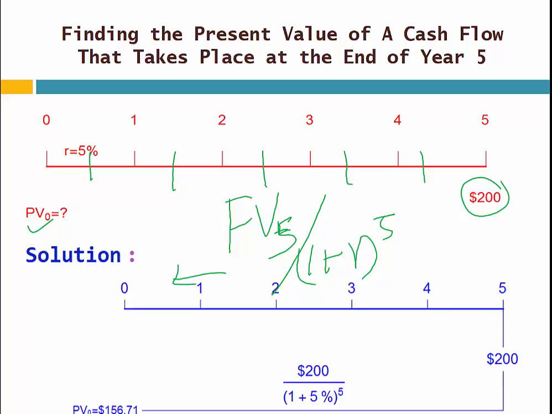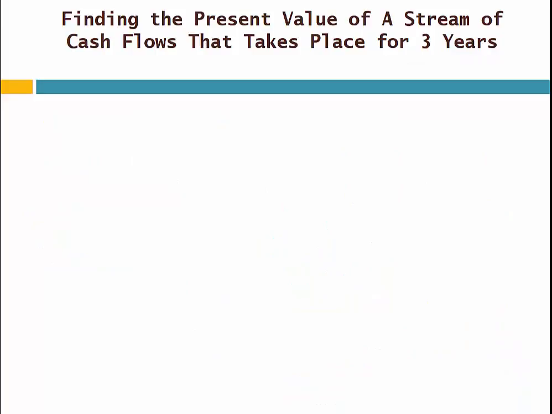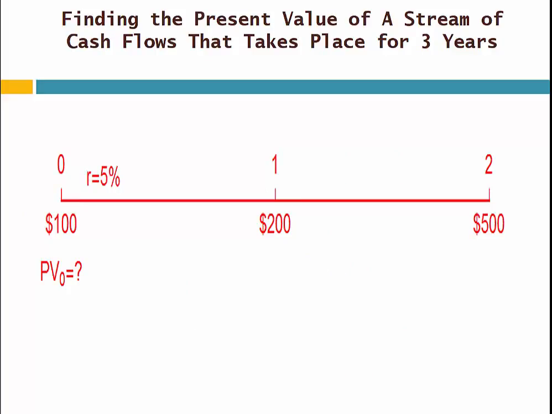So this is the way we calculate the present value. You know the future value and you want to find the present value and you want to bring it back by 5 periods, so you divide by 1 plus r to the power 5, which is 156.71. Very simple example.